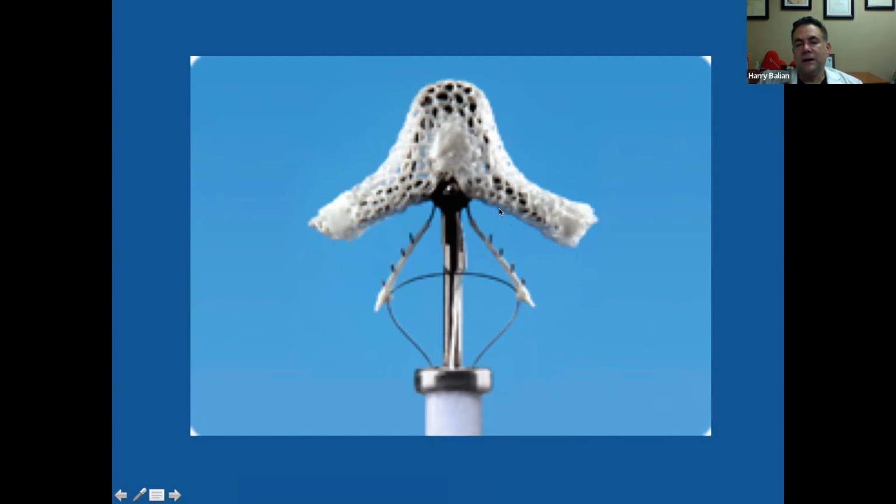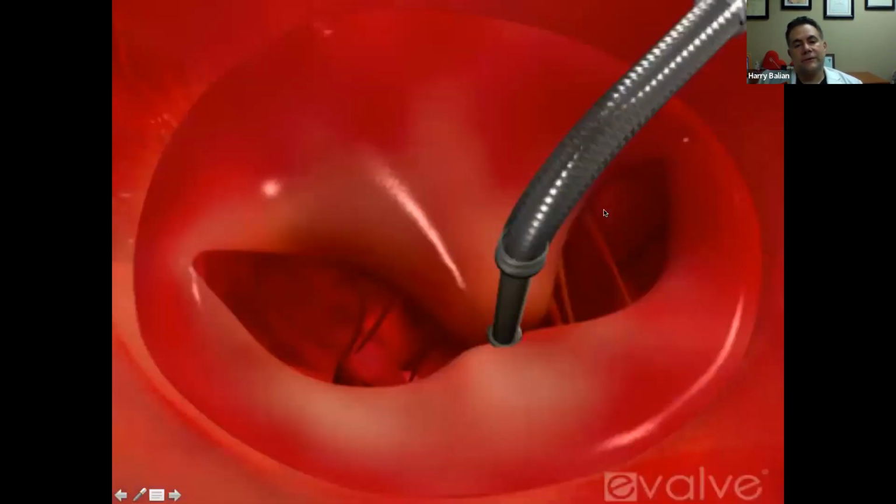If we're happy, then we release the clip and get the delivery device out of the body. This is the cartoon of the clip going across the mitral valve, and then the clip is deployed, and you see the ellipsoid mitral valve now looks like an alien's eyes. This is a true figure of eight.